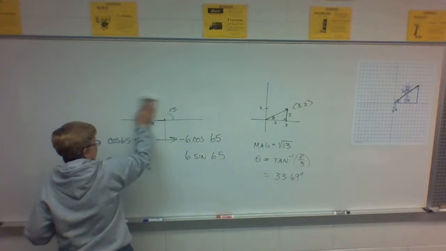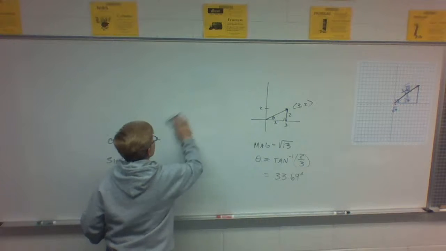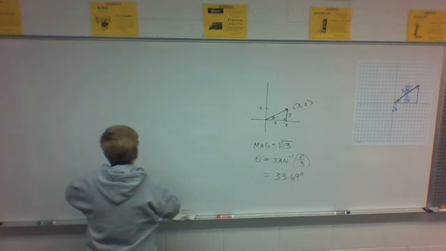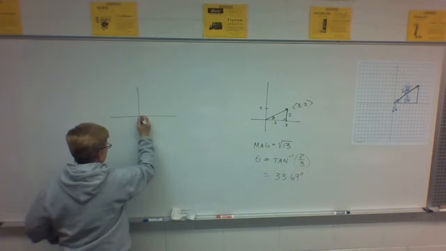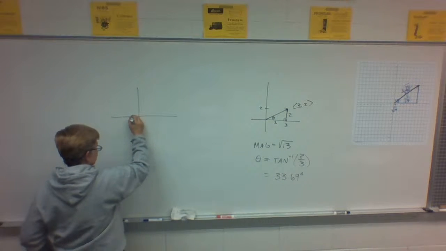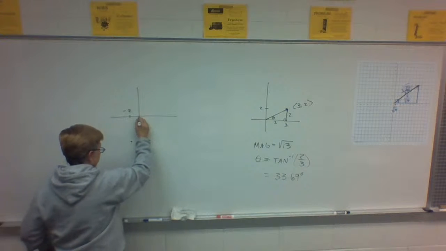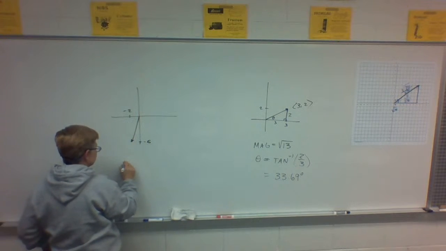But now we're in the third quadrant. -2, -5's down here. So this is -2, this is -5. This is the vector, magnitude, and direction.